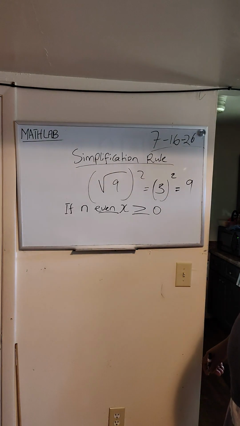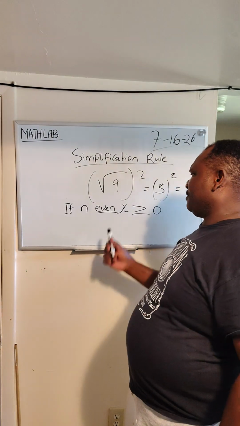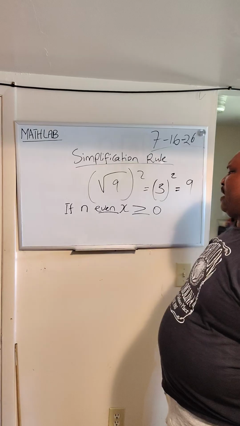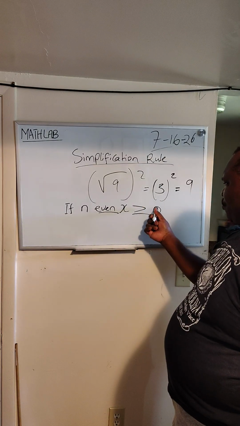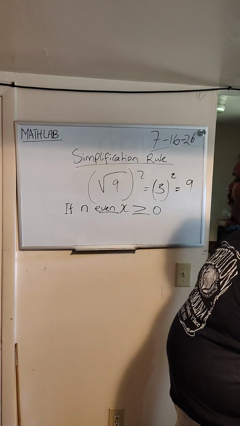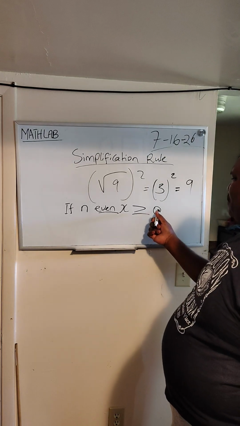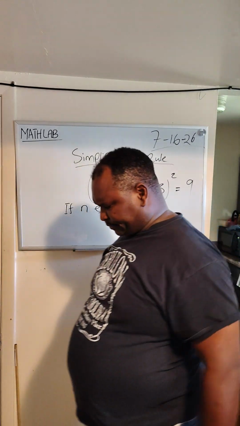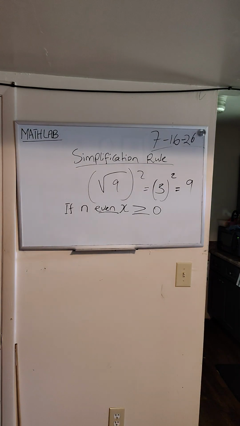So that means it is greater than or equal to 0, basically not less than 0. That's when the number is considered even.